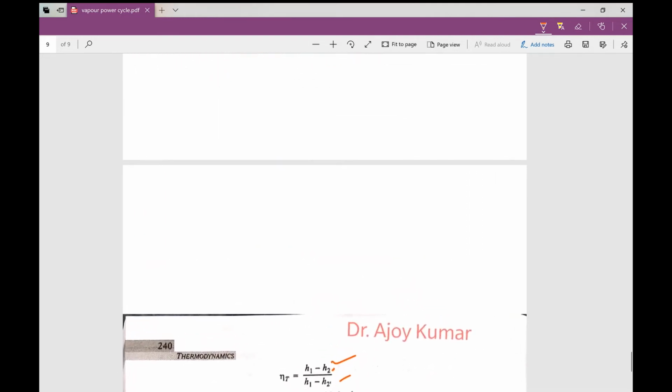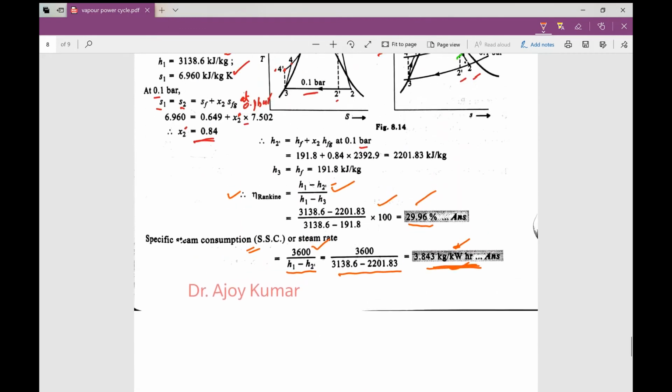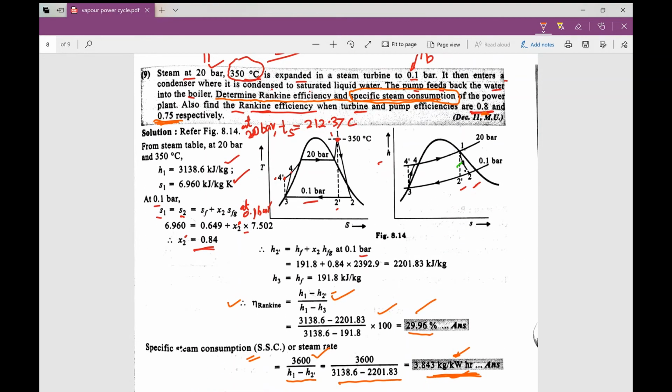As you know, in calculating turbine efficiency, look here, H1 minus H2 is a shorter length than H1 minus H2 dash. So turbine efficiency should be written as (H1 minus H2) divided by (H1 minus H2 dash), because efficiency is always less than 1.